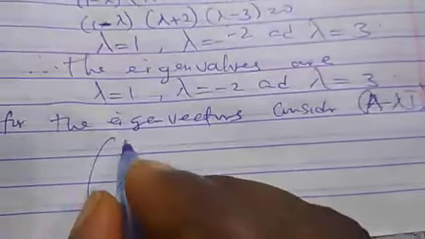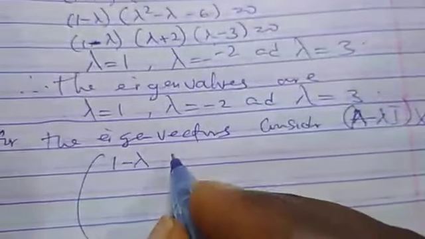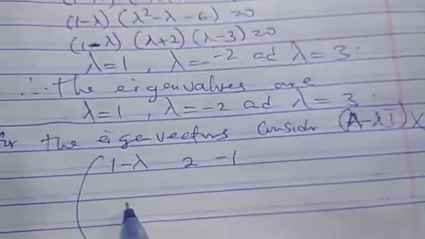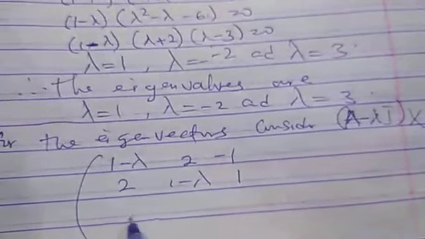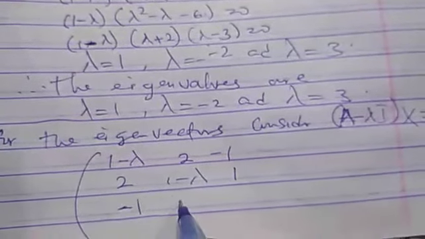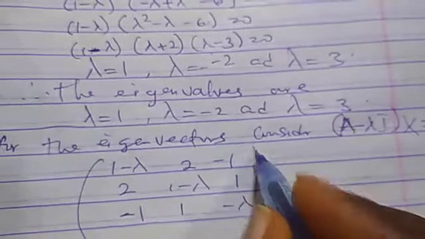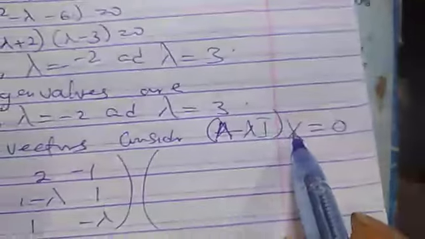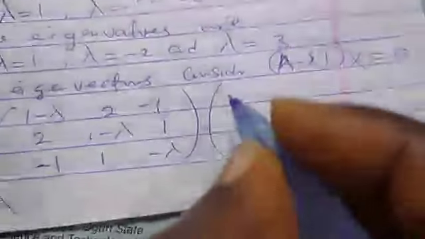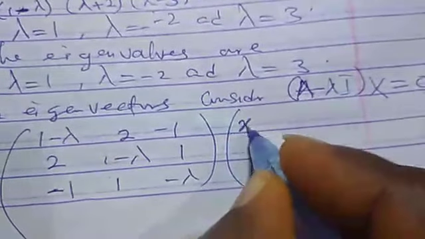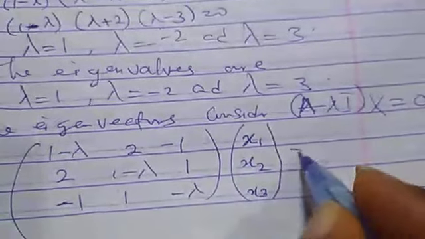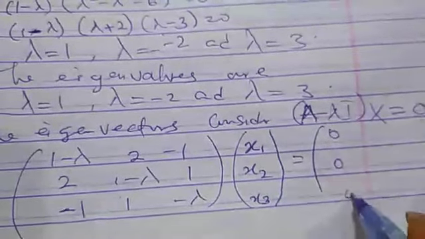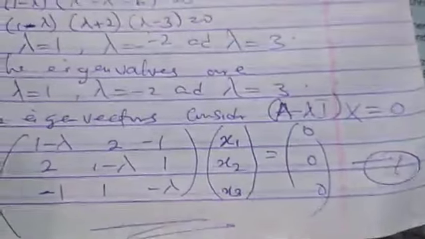That is the matrix 1 minus lambda, 2, minus 1; 2, 1 minus lambda, 1; minus 1, 1, minus lambda; times x. Because this one is a 3 by 3 matrix, we have been using x1, x2, x3, equal to 0, 0, 0. So this is what we are going to be using.